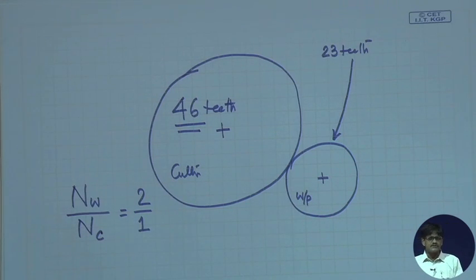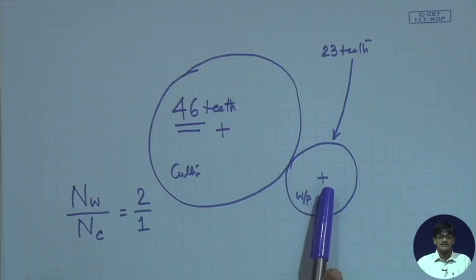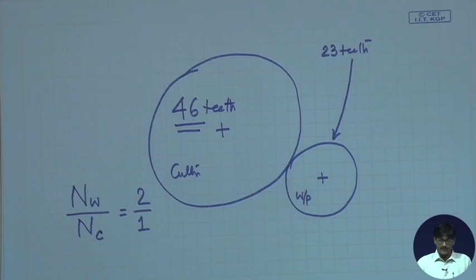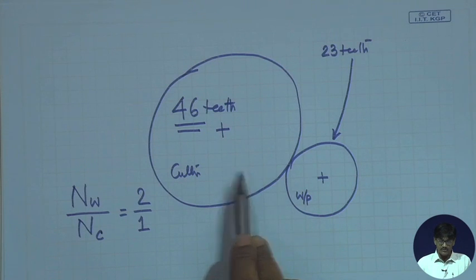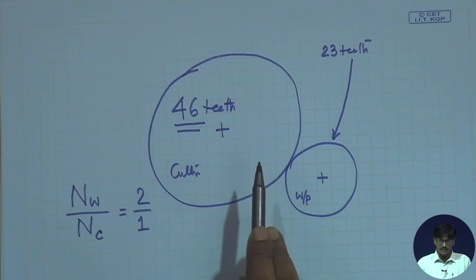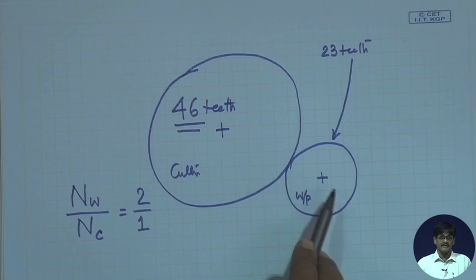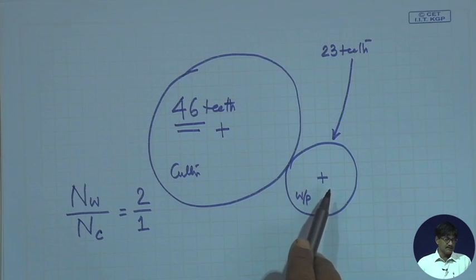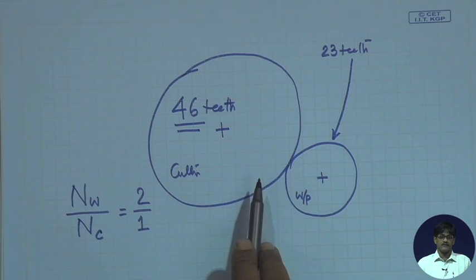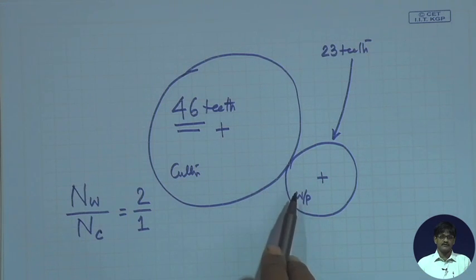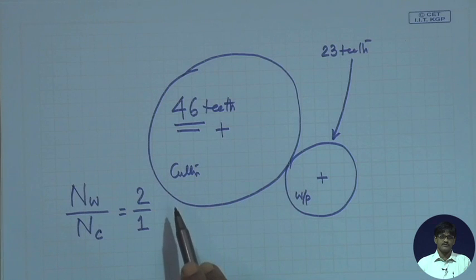So, that means on the gear shaping machine, where teeth are not existing on the blank, if we can produce a speed ratio of 2:1 between the cutter and the workpiece, in that case we will be achieving the required teeth.